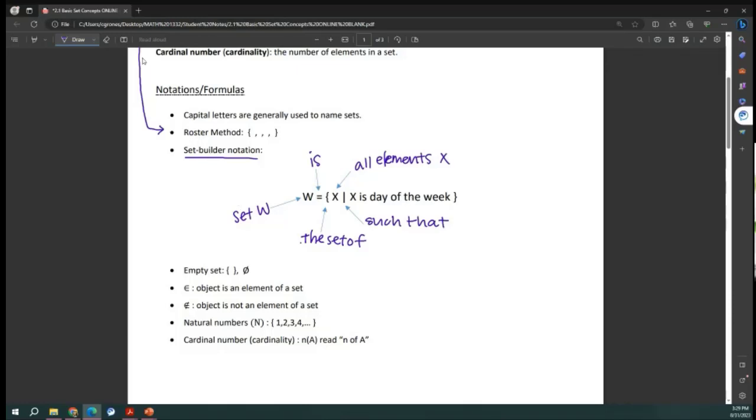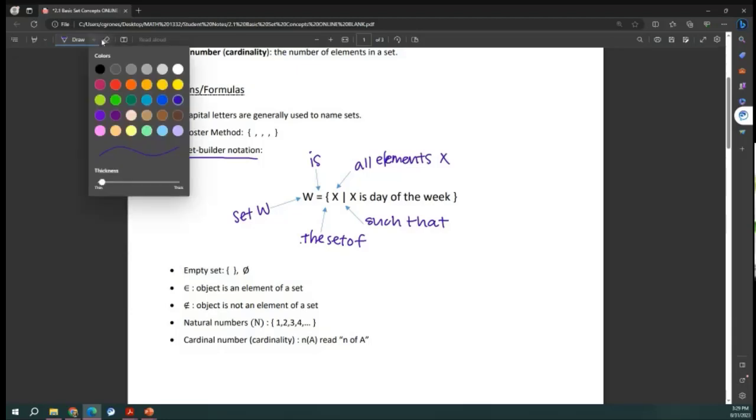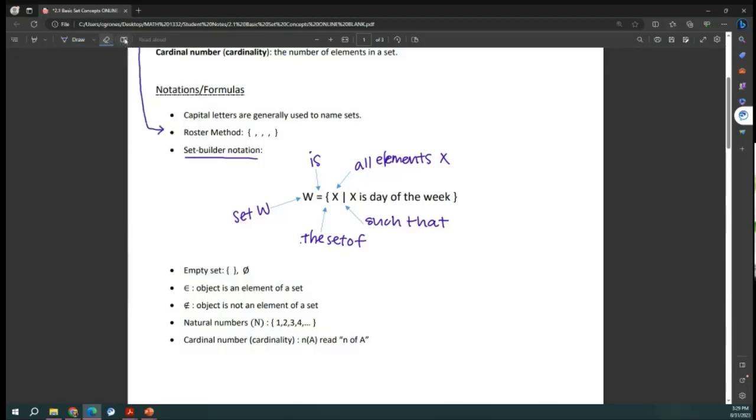So the main thing that you need to worry about, where's my highlighter? Oh, here it is. The main thing that we will be looking at is this part right here. X is the day of the week. So there are going to be different conditions in all of these different exercises.